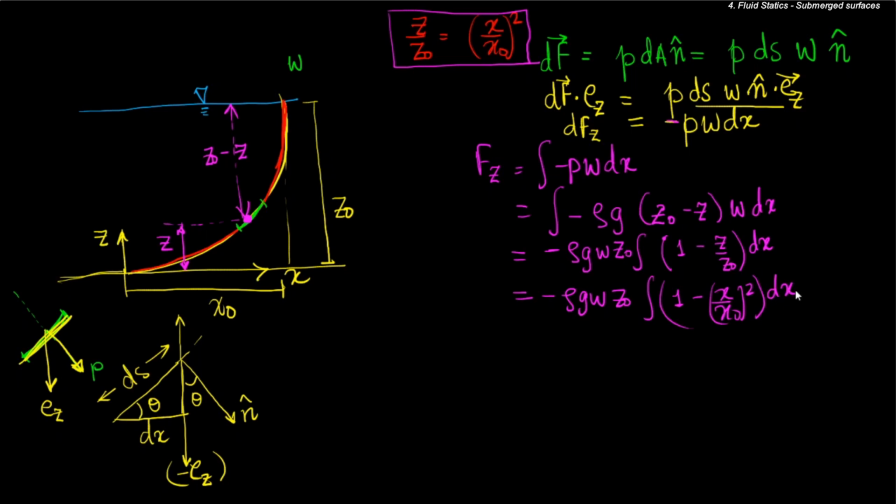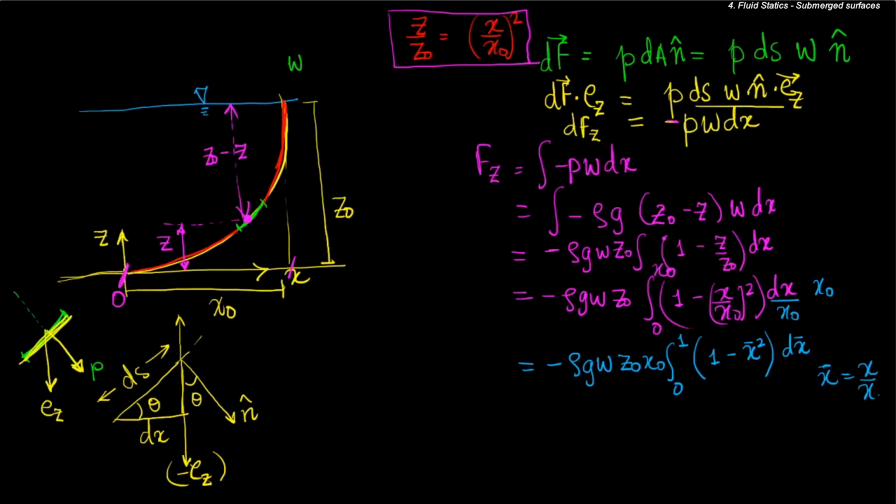Now this integration should vary from 0 to X naught, but I can divide everything by X naught and multiply by X naught. So it is like minus rho g W Z naught integral 0 to 1 of 1 minus x bar square times dx bar, and this X naught comes over here, where x bar is our new variable x upon x naught.